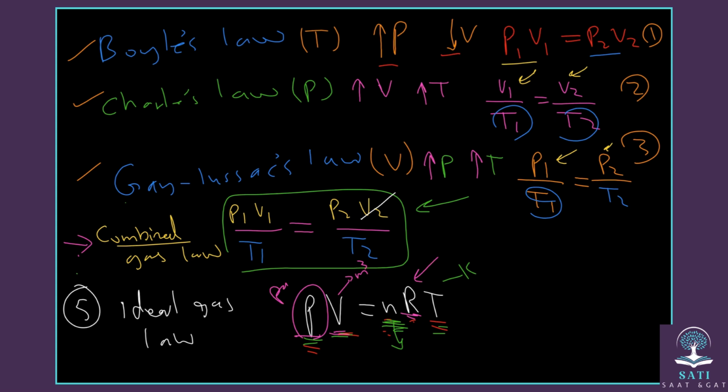But if we use the pressure in atmospheres and the volume in liters, the R value will be different. It's about 0.082, and its unit will be atmosphere liter over mole Kelvin. I hope that is clear now about these 5 ideas.